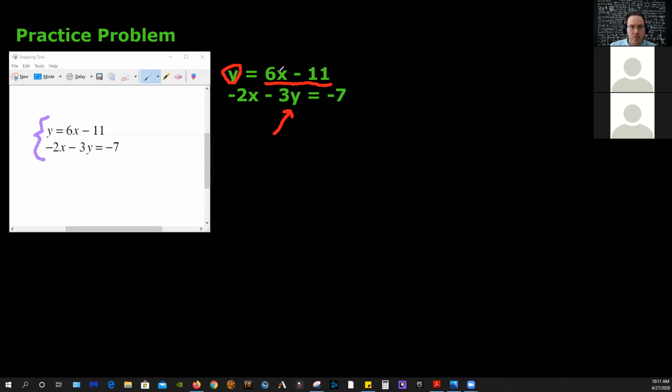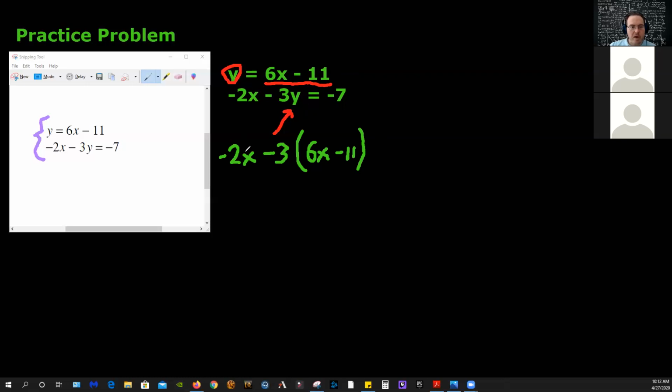Once you substitute it in, you'd still have negative 2x. The negative 3 stays there, but then instead of a y, you put a parentheses in and put this whole bit right here that y is equal to, 6x minus 11, end parentheses, and finish out the line.